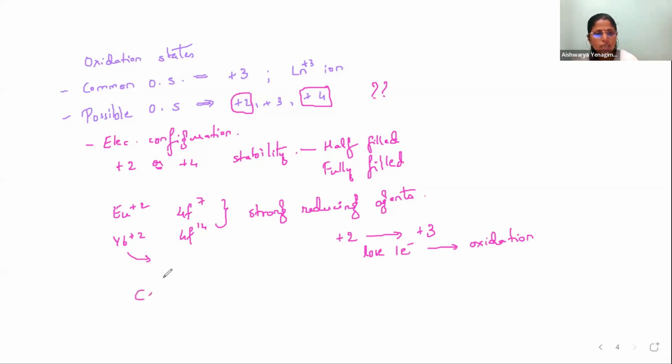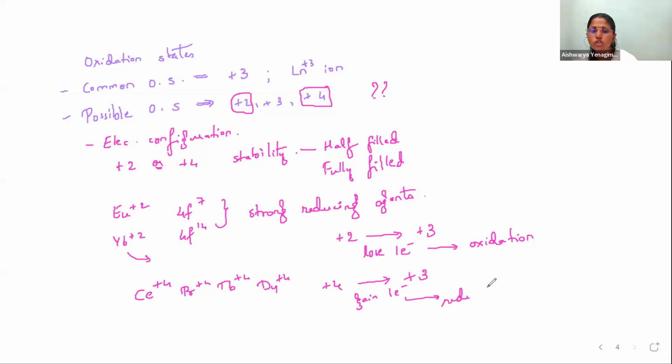You have an example, cerium +4. Or you take many examples: Pr +4, Tb +4, Dy +4. Here the stable oxidation state is +4, but they want to come to the common oxidation state, +3. To become +3, what do they have to do? They have to gain one electron. Gaining of electron is what?